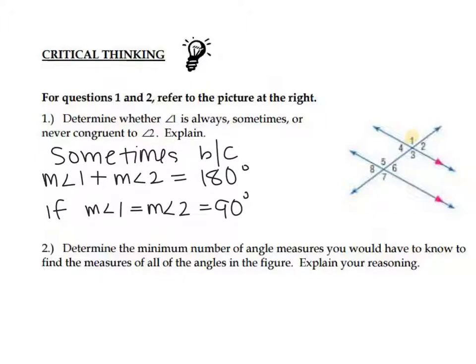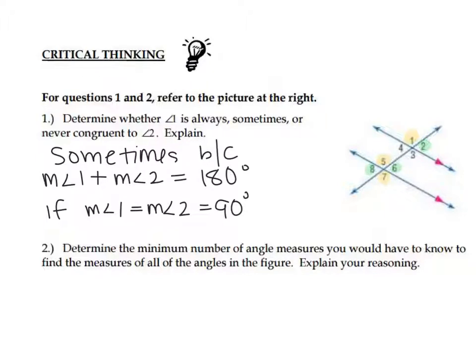So angle 1 is corresponding to angle 5, which means they are congruent. It is also alternate exterior to angle 7, which means they are congruent. Then we want to move to angle 2, which is corresponding with angle 6, which means they are congruent, and it's alternate exterior with angle 8, which means they are congruent.